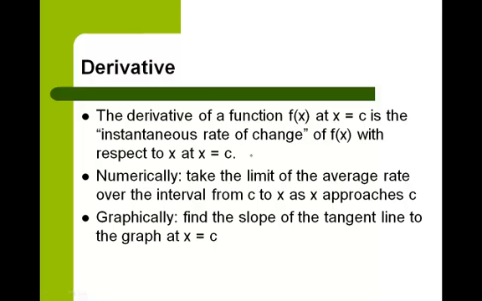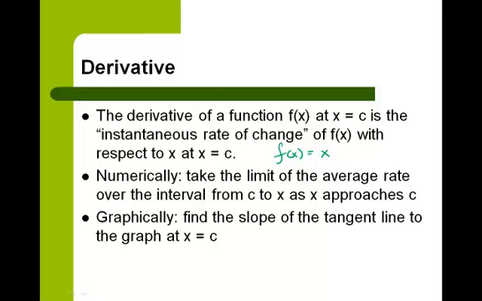Remember, f of x with respect to x is simply saying that we have some function f of x in terms of x that we are looking at, and we want to find that as x equals c, or as those two values come close to each other.